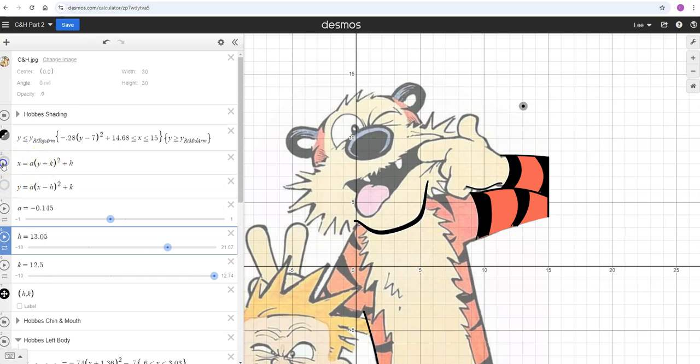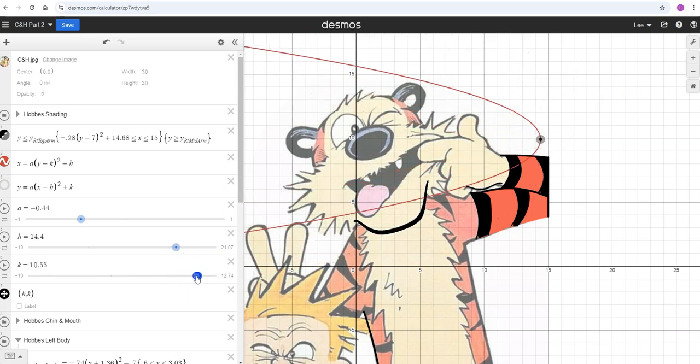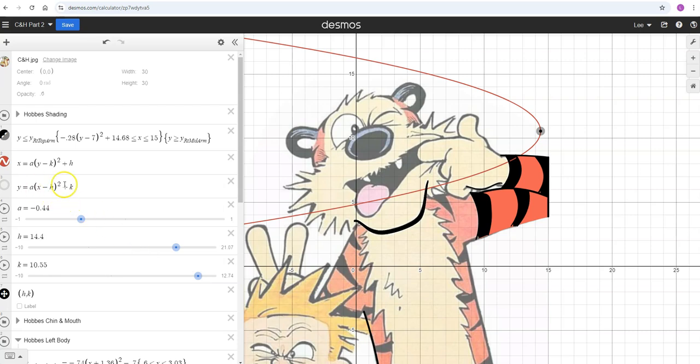So if I do that, now I get this sideways parabola, and all the same stuff will apply, right? The a is going to stretch or shrink that, make it skinnier or wider. Negatives are going to go to the left, positives are going to go to the right. The h and k, h will still shift left and right, k will still shift up and down because I have the k associated with the y, the h with the x still.